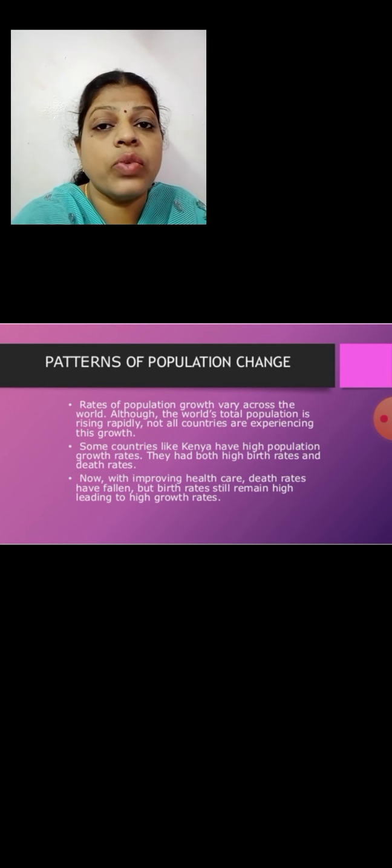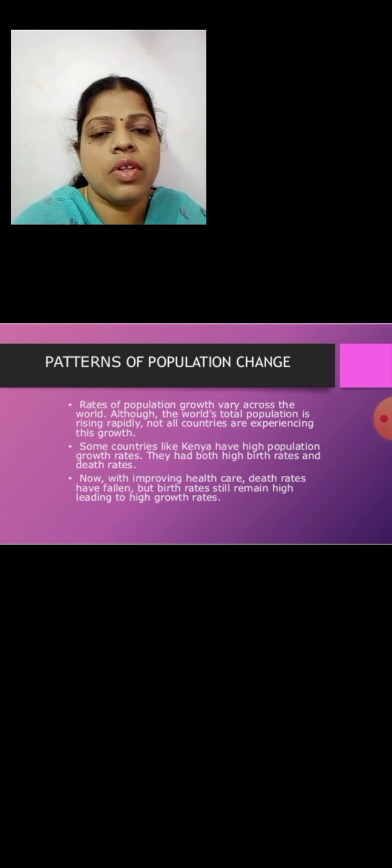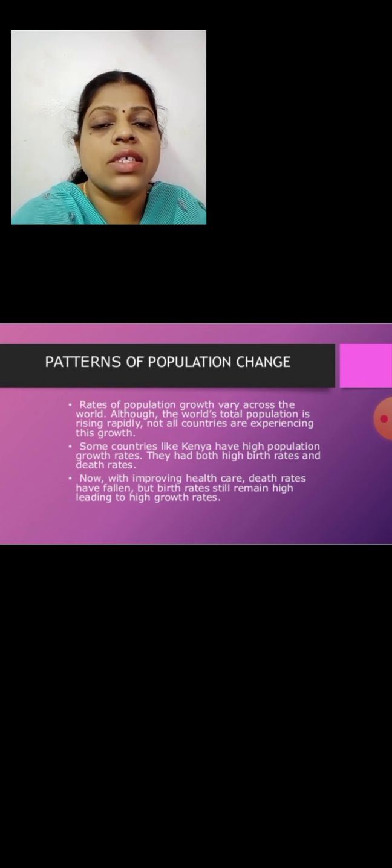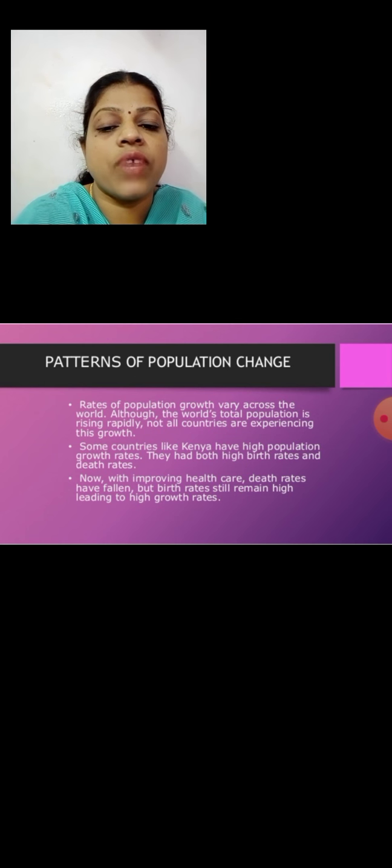But what about the birth rates? They remain high, leading to high growth rates also. So, this is about the patterns of population change. The rates of growth of the population vary across the world, and the different countries are also specified in it.